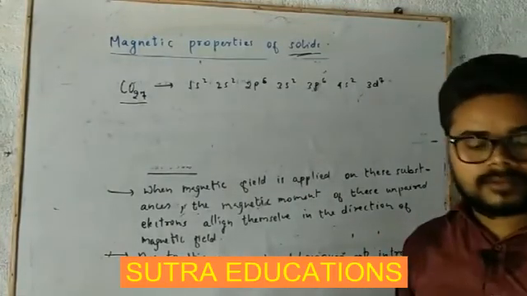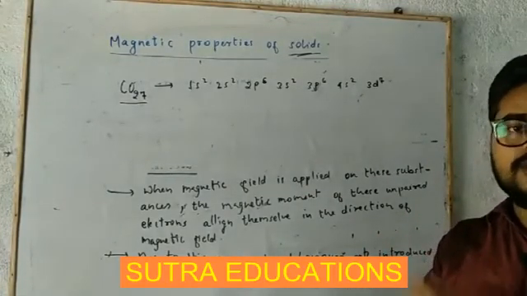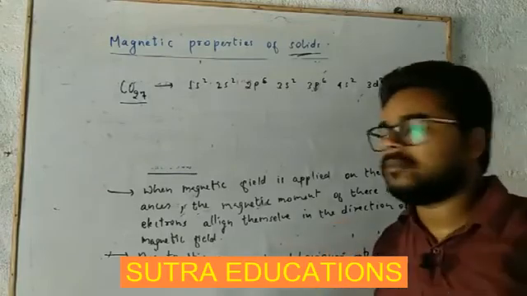Just draw the diagram of the outermost orbitals.